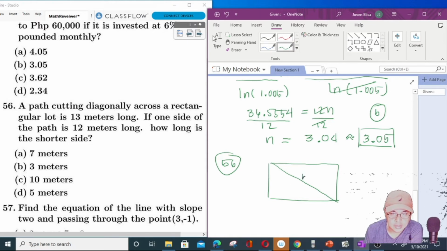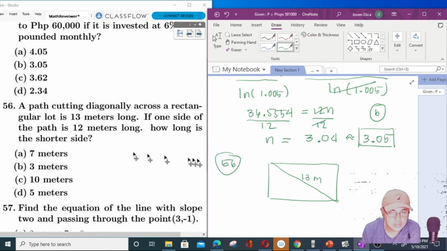So this is the path cutting diagonally, 13 meters long. If one side of the path is 12 meters long, how long is the shorter side? So if this is what is being asked, this is the shorter side, and this will be the 12 meters.